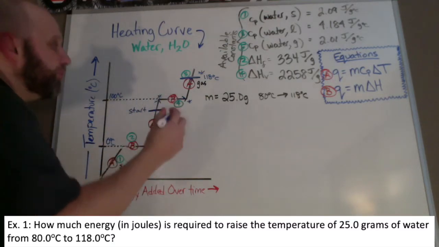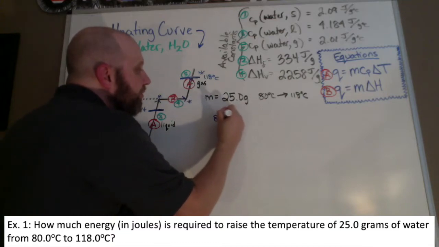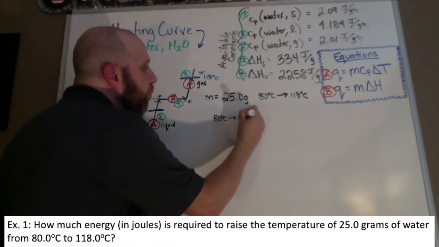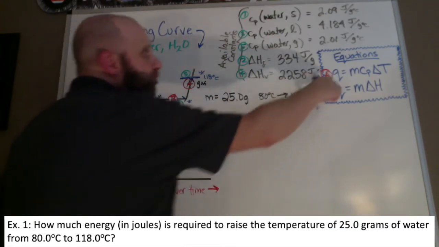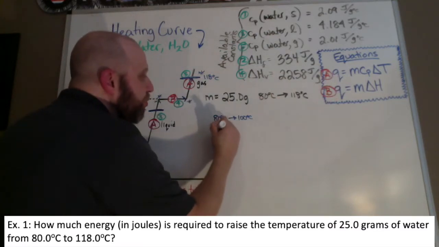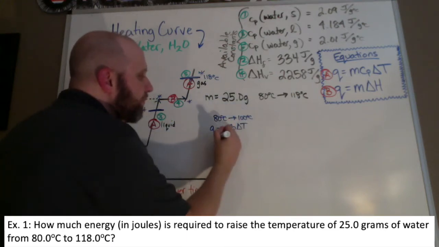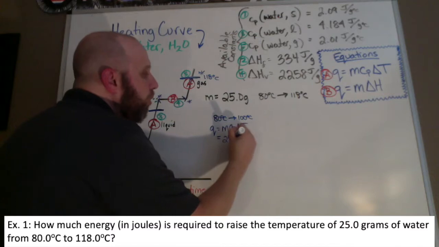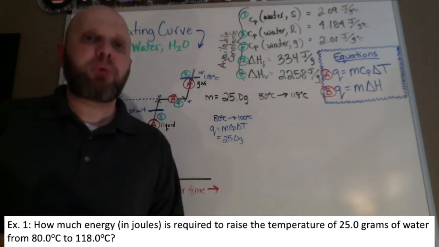So my first thing is the transition from 80 degrees Celsius up to 100 degrees Celsius. So since we're changing temperature, we're going to use the equation Q equals mCp delta T. My mass in all cases is 25 grams. That's another thing that's important to remember.